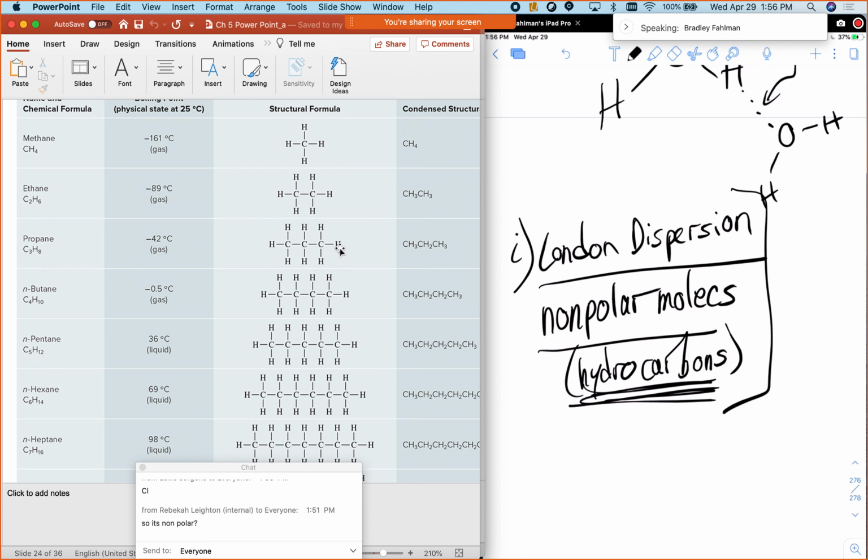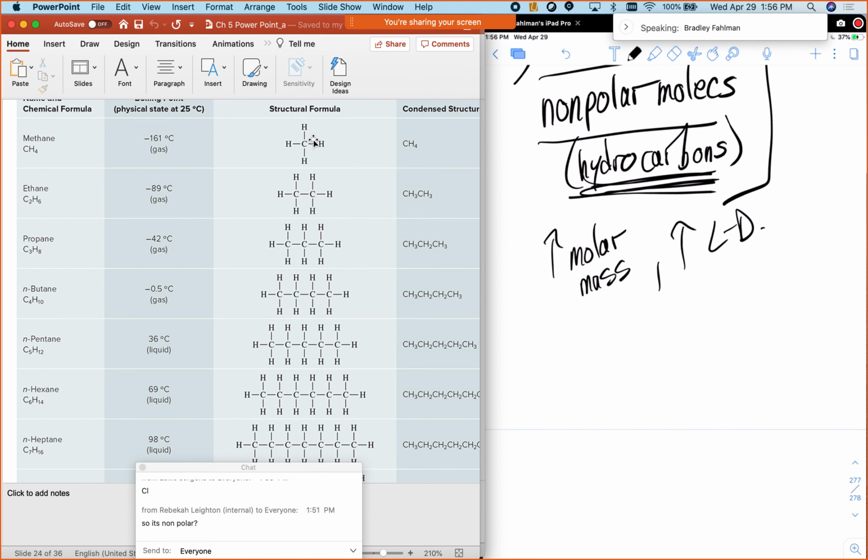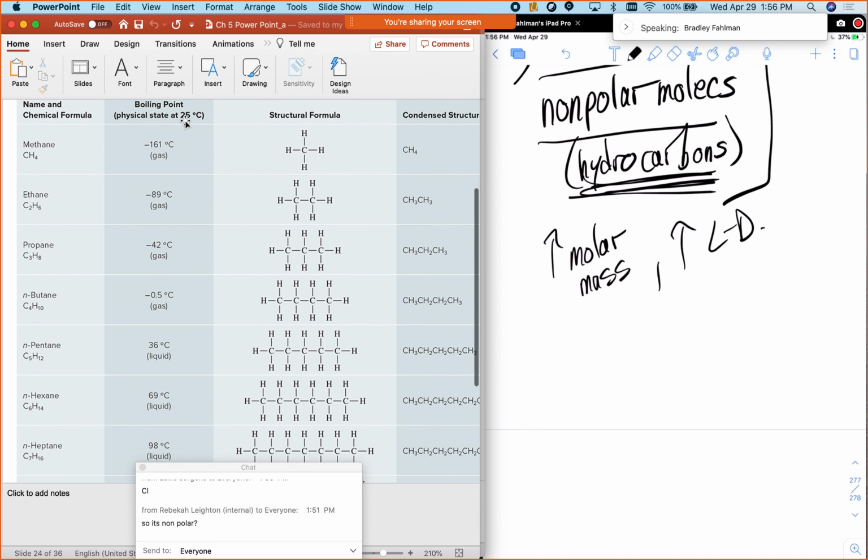And the rule there is as you increase molar mass, you increase the London dispersion force. So as you go down here, notice what happens to the boiling point. Boiling point means, how hard is it to break apart two of these molecules. So this one is connected to the next one through these London dispersion forces.